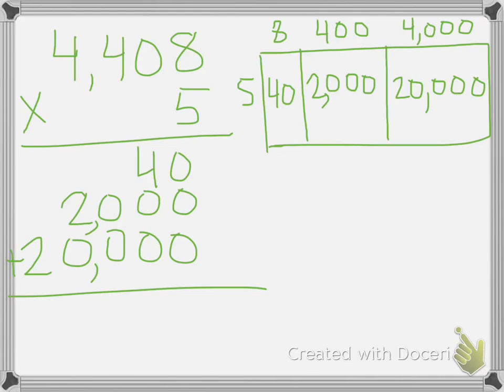I'm going to add them together. 22,040. So again, I'm using my area model as a strategy. It's very similar to my partial products, just a visual for us.